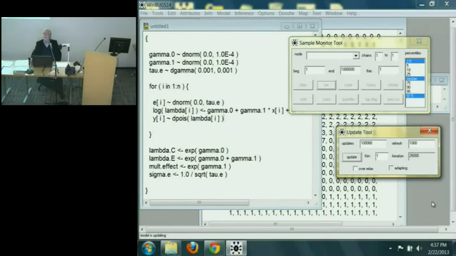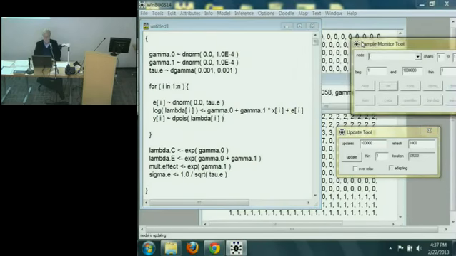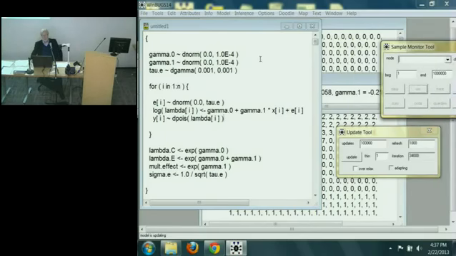In the back? Well, that's a very good question. This model looks like it has how many parameters? You got your gamma 0, and you got your gamma 1, and you got your tau dot e. It looks like it has three parameters in it.